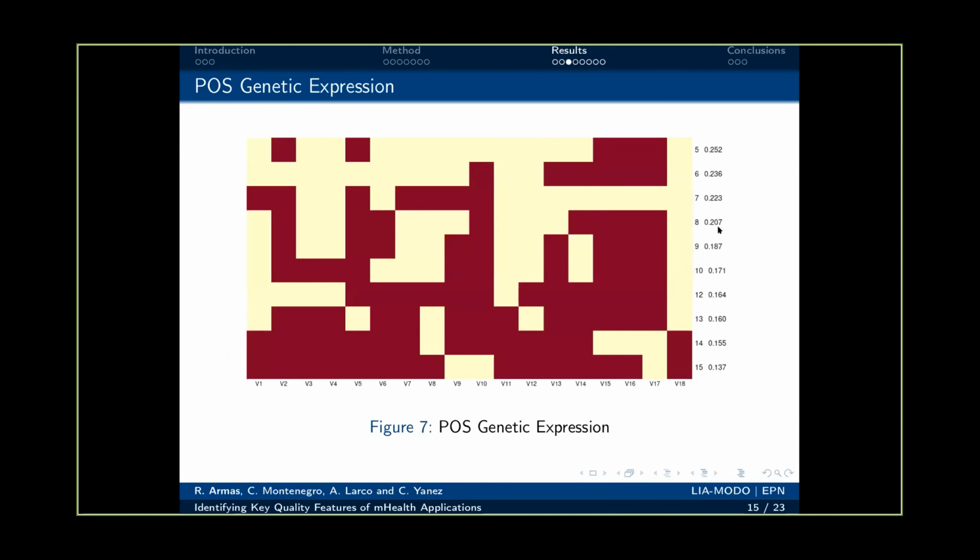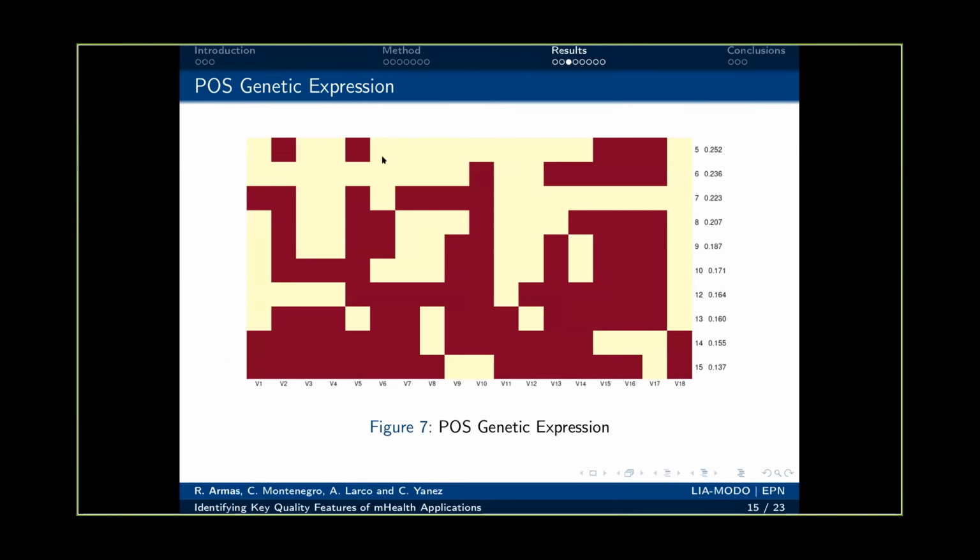We analyze those solutions with this graph. That is the genetic expression, where each row represents a solution and each column is a specific variable. A dark color means this variable is selected and a pale color means it is not selected.